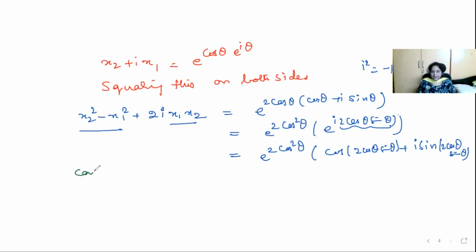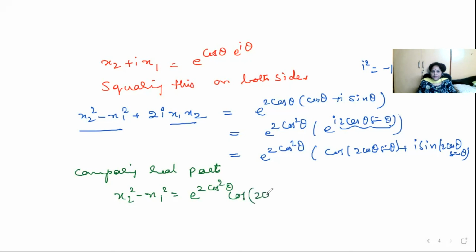So comparing real parts, we can write x2 square minus x1 square is equal to e raised to 2 cos square theta into cos of 2 cos theta sin theta.